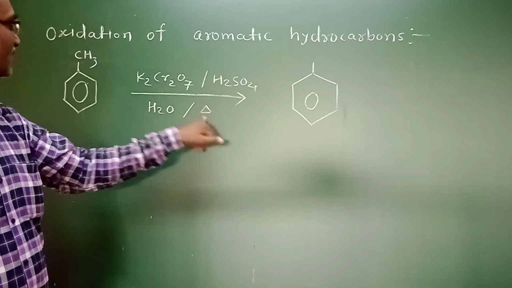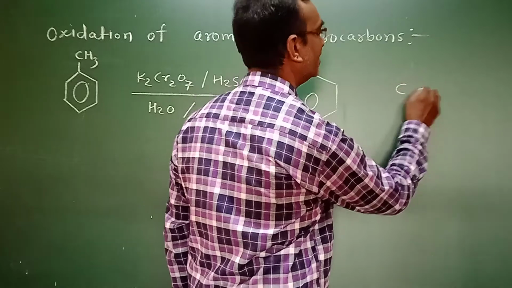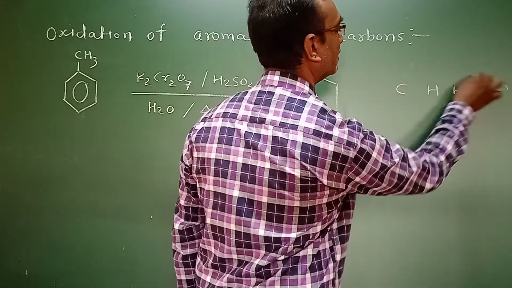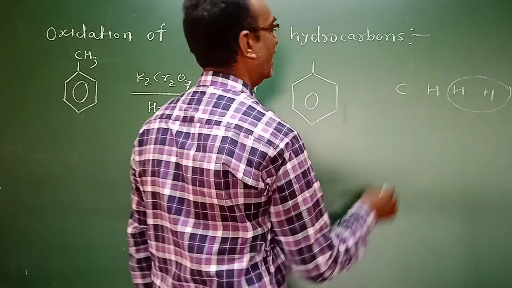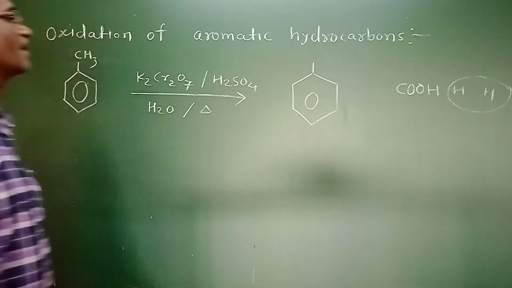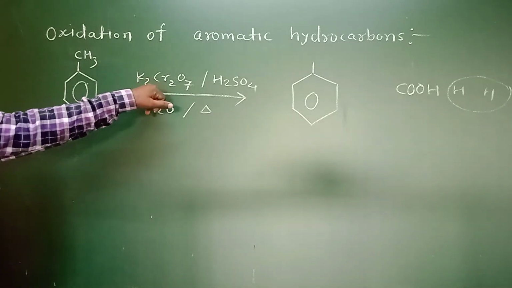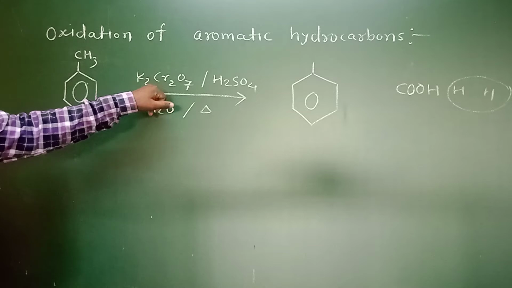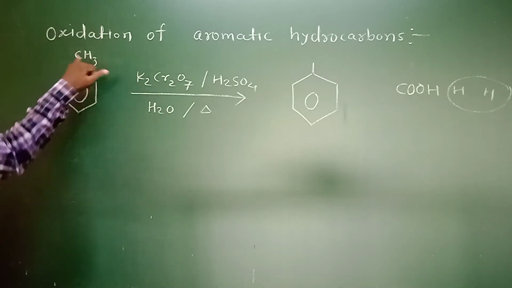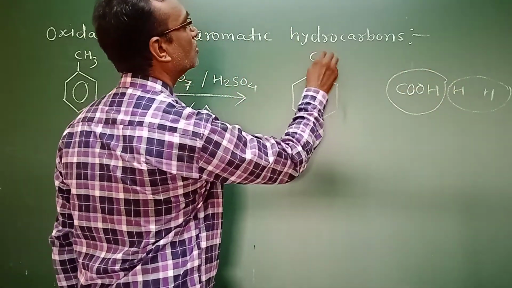And on heating, this CH3 group, you can write CHHH. We remove two hydrogens and add two oxygens here. This acidified potassium dichromate will provide oxygen for the oxidation of this toluene, and this CH3 group in this way gets converted into COOH.